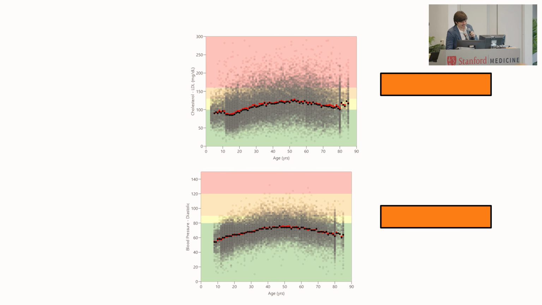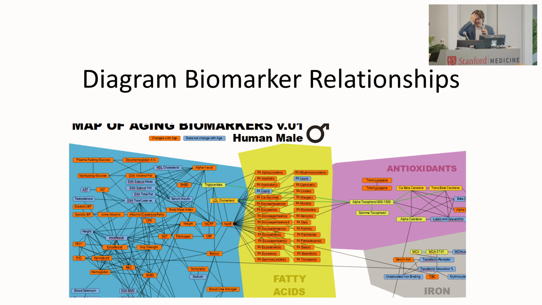And if you do this a couple of thousand times, you get this network diagram of biomarkers, where I can say, okay, the orange ones change with age, the blue ones don't change with age. The green is an example of a node biomarker. What I did here was I set alpha tocopherol to a range of 800 to 1500, and I figured out which other biomarkers get solved by only including those people.